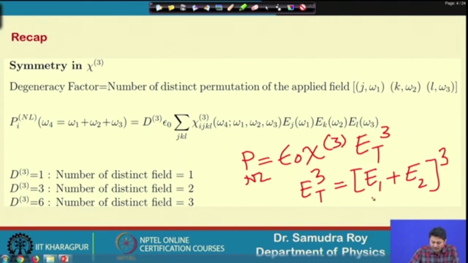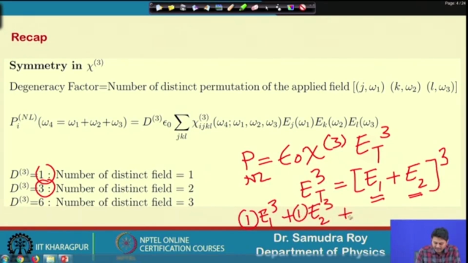Since we have only two distinct fields, we have a number 3 here and a number 1 here as a degeneracy factor, because if I expand it should be E1 cube, which has a degeneracy factor 1, plus E2 cube, which has a degeneracy factor 1 here, and then we have E1 square E2, where two fields are involved, among which we have two identical fields.